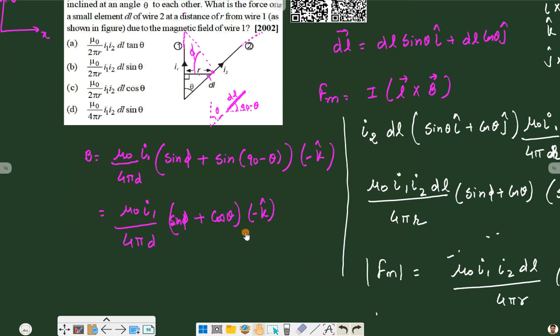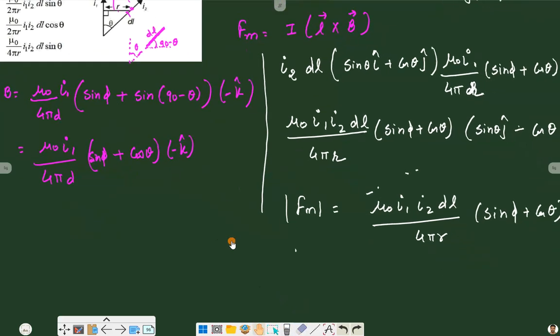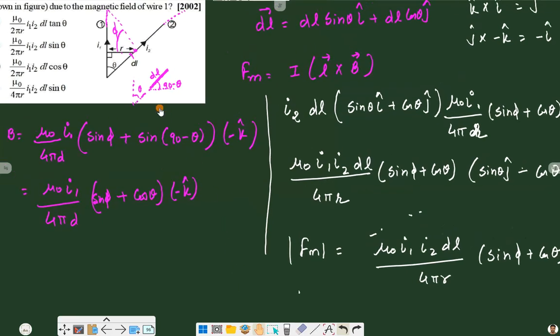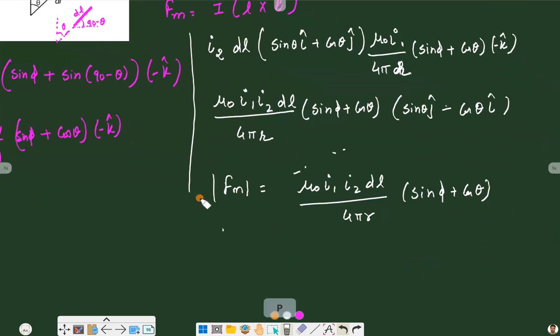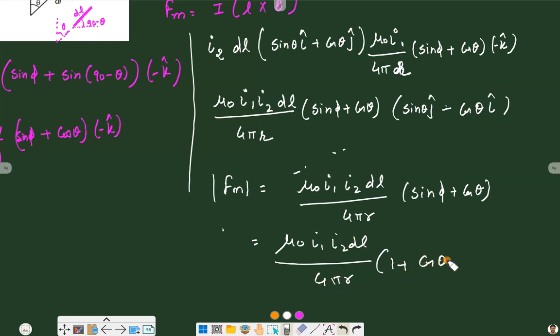Now let's make the assumption that conductor 1 is infinite. In that case, phi will be 90 degrees, and then our magnetic force will look like mu naught I1 I2 dl by 4 pi r into (1 plus cos theta).